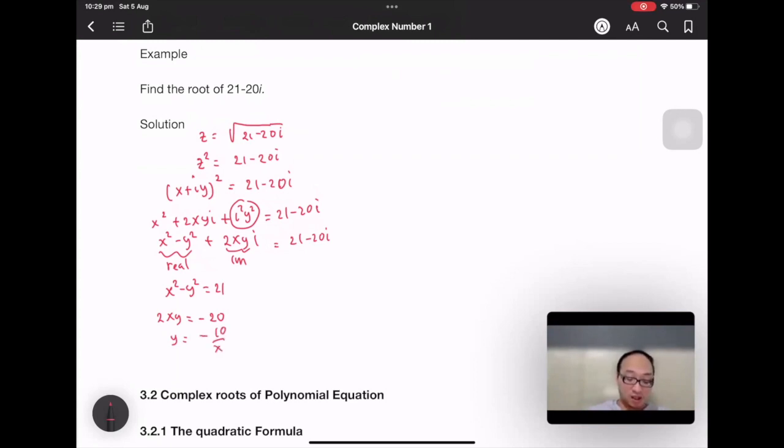And then I can substitute it into the first equation. So x squared minus (negative 10 over x) squared equals 21. So I can just multiply it by x squared. So it's x to the power 4 minus 100 equals 21x squared. And it can form a quadratic equation.